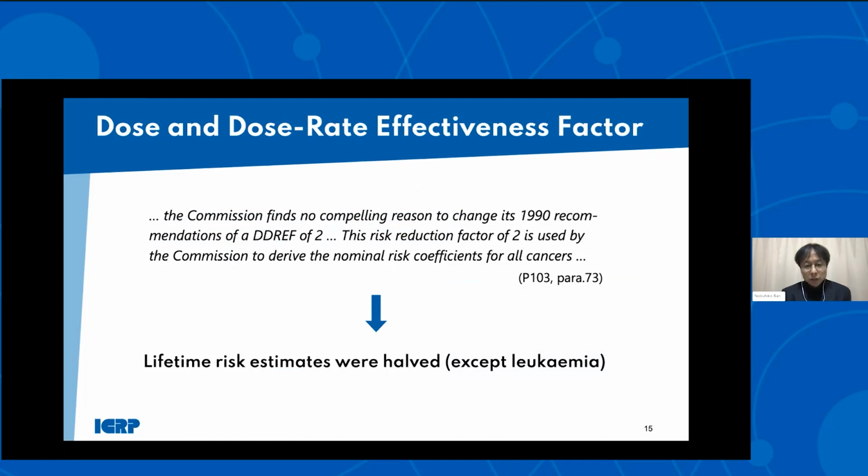This risk reduction factor of 2 is used by the Commission to derive the nominal risk coefficients for all cancers. So lifetime risk estimates were halved, except leukemia, because for leukemia, linear quadratic dose response was assumed.